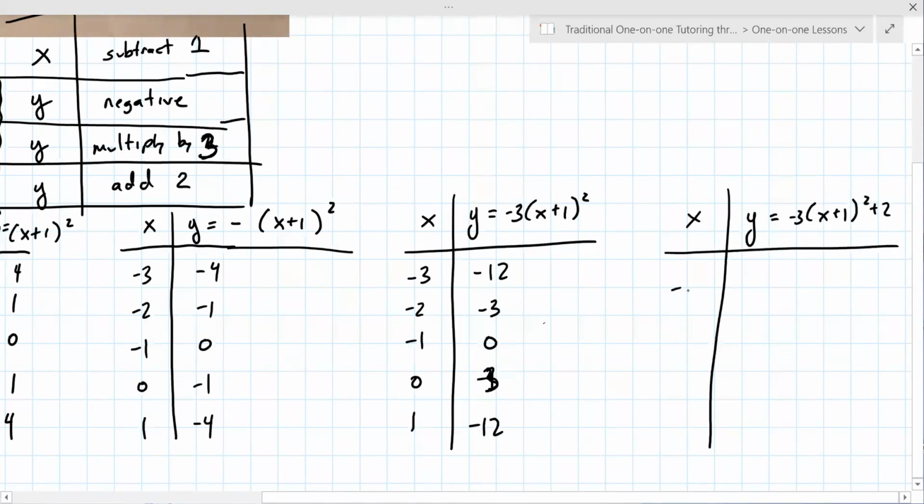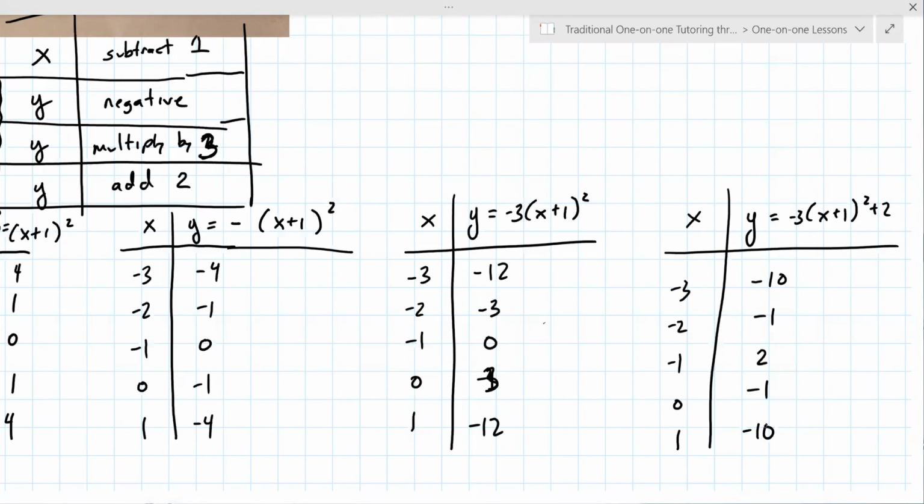So it's the same x values, but now we add 2 to the y values, every y value. So that's all having 2 added to it. Right, because it's moving up 2.